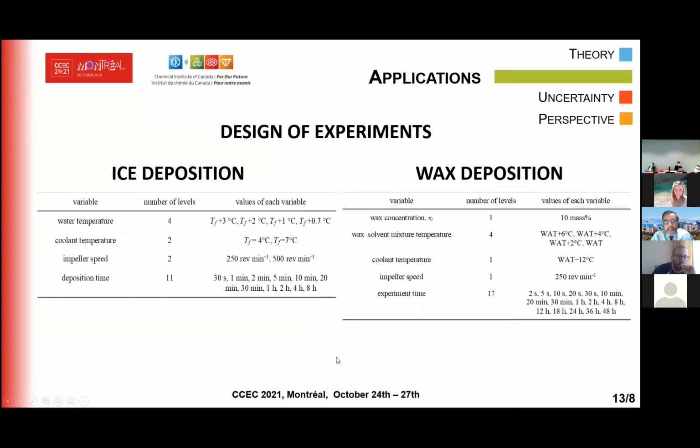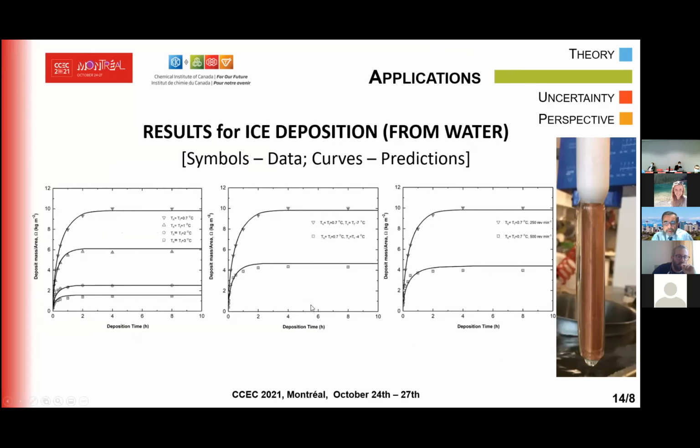Design of experiments: we tested all kinds of variables for different water temperatures, different agitation rates, deposition times from 30 seconds all the way to 8 hours. And similarly for wax deposition, only one wax concentration, different cooling temperatures, and so on and so forth. Okay, so quite a few experiments were performed.